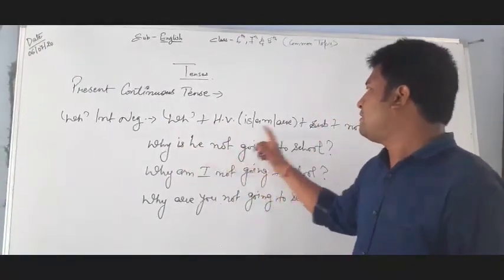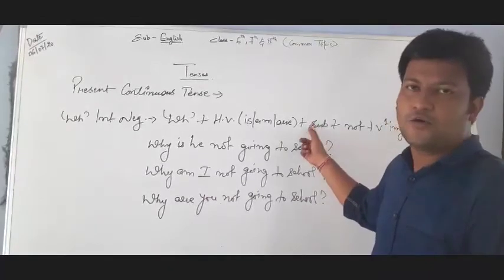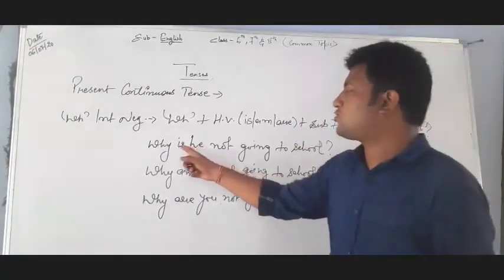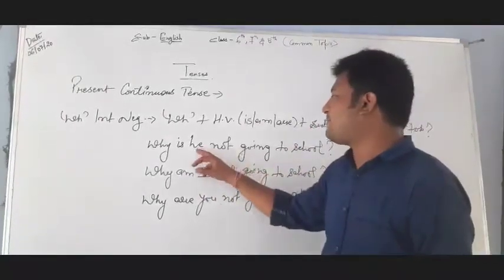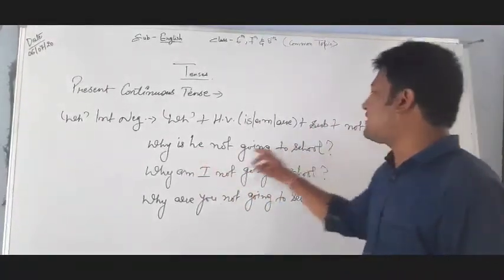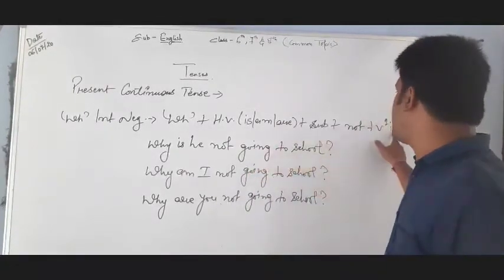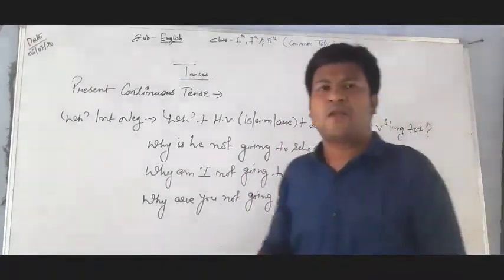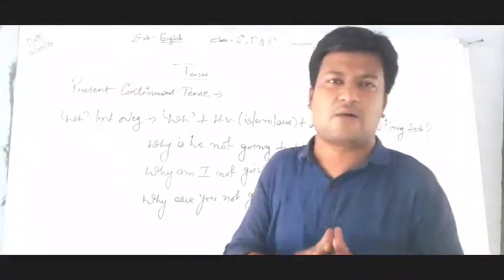Helping word, I will see the subject. What is the subject? Singular, plural, you. I choose my auxiliary or helping word. Then at the place of subject I place the subject. Not, same not. Verb first form plus ing plus object. So it is a very simple concept. You have to learn all these formulas.